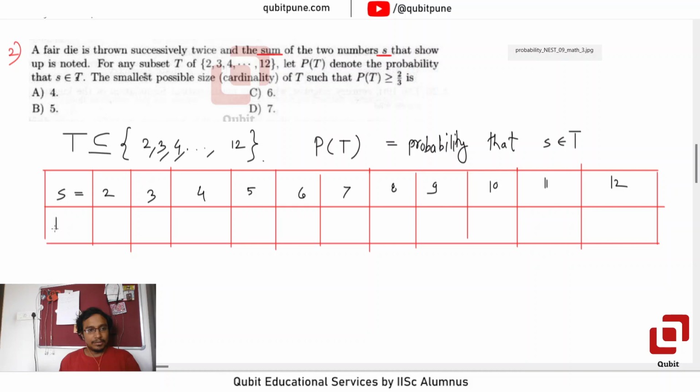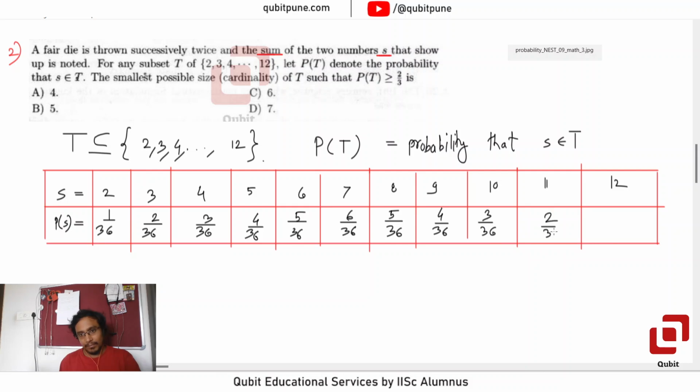And what will be the corresponding probabilities? 1 by 36, 2 by 36, 3, 4, 5, 6, 5, 4, 3, 2, and 1. Now what is the probability of T being greater than or equal to 2 by 3? How will you find it?